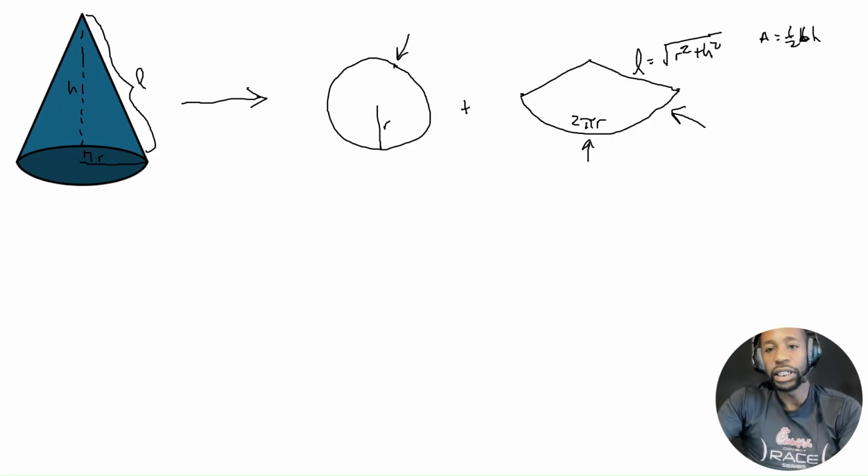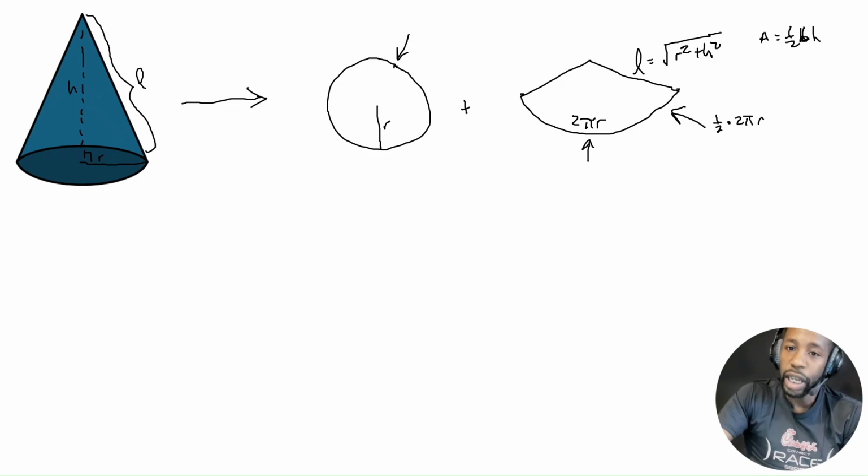So what happens is this L ends up being a type of height for this triangle, and then you have the base, which is what this, even though it's curved, that's what this ends up being. So it ends up being 1/2 times 2 pi r times the length, which is the square root of r squared plus h squared.